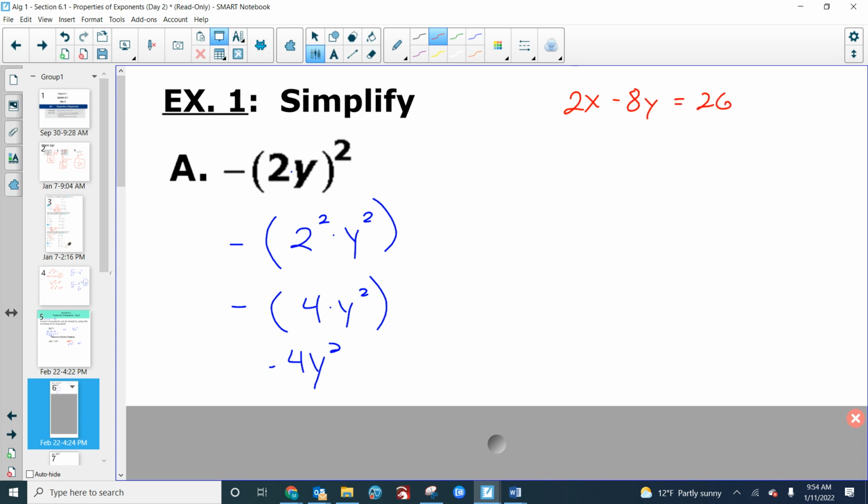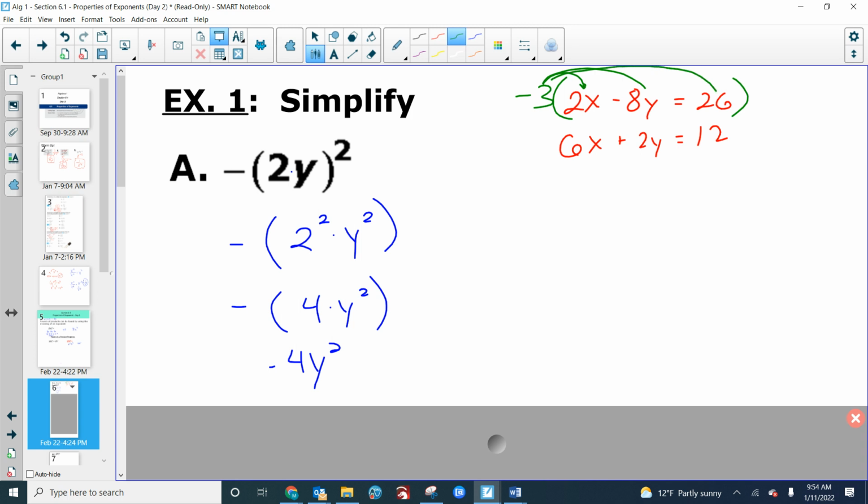Remember we did solving systems, and we multiplied a whole thing times a number? We distributed that number, didn't we? What's the first thing this got distributed to? 2x. It was -3 times 2x. Then -3 times -8y. And then -3 times 26. Yes?